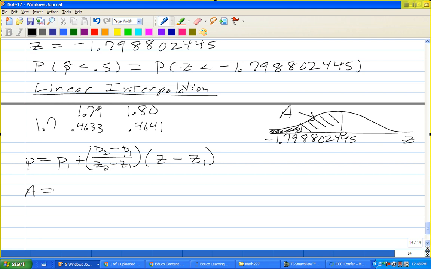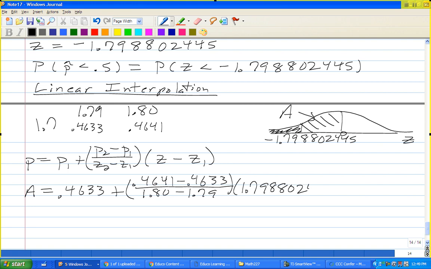I guess I'll call this A, is 0.4633 plus (0.4641 minus 0.4633) over (1.80 minus 1.79) times (1.79880245 minus 1.79). Plug that into your calculator. 0.4640041956.